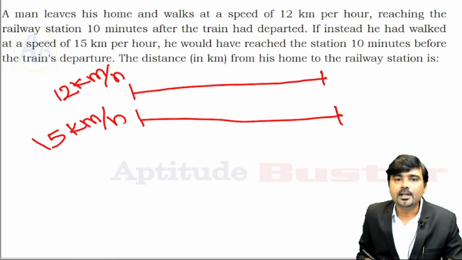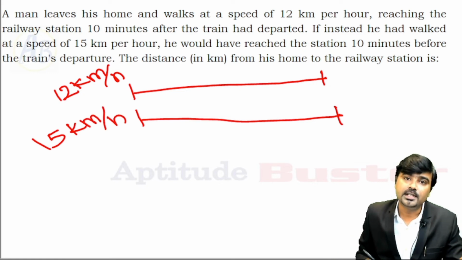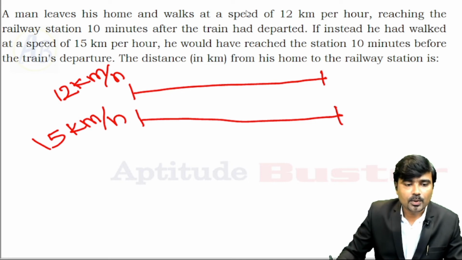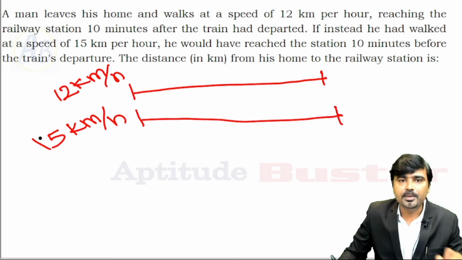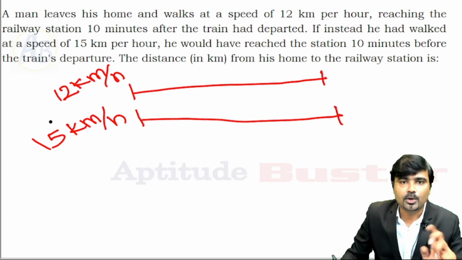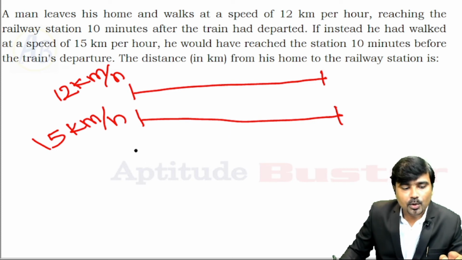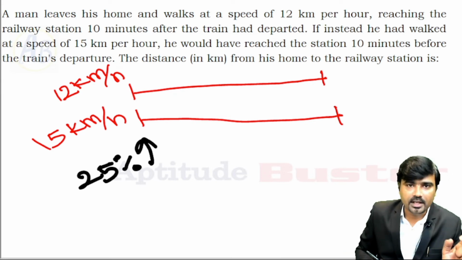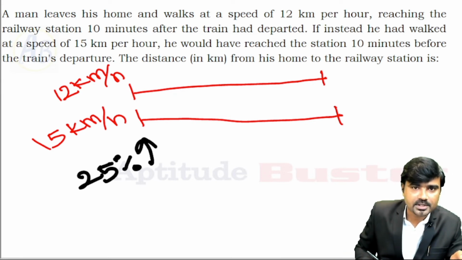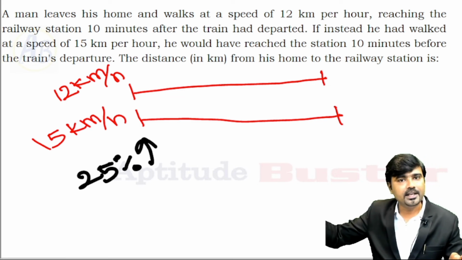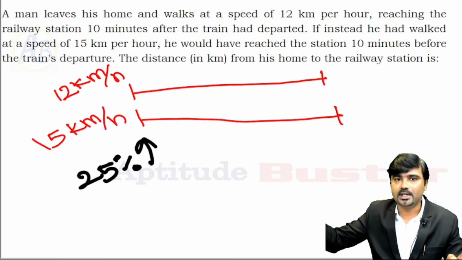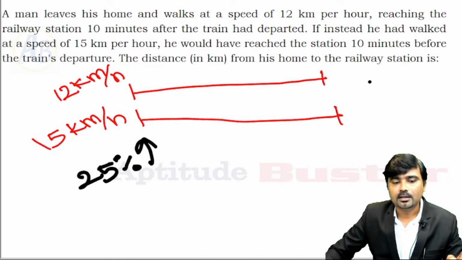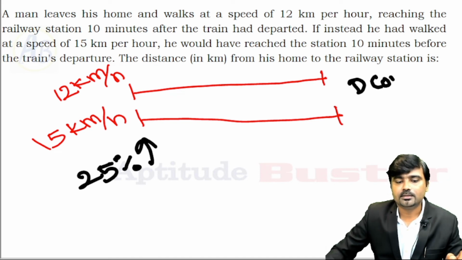How much has the speed increased? How much percentage has the speed increased? 12 to 15 means 3 increase out of 12. That means 25% speed is increased, right? If the speed is increased by 25%, then time will be decreased by some percentage when distance is constant.